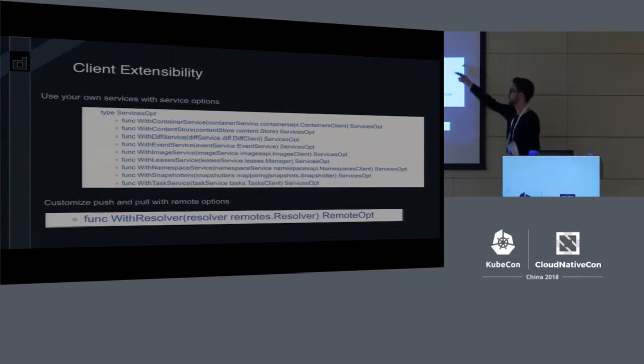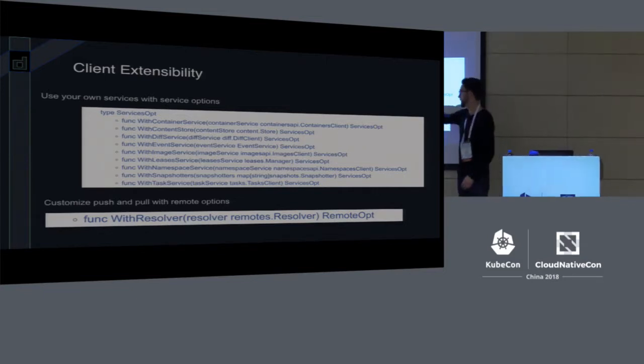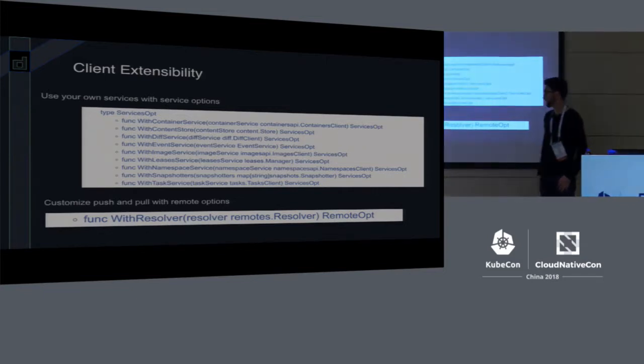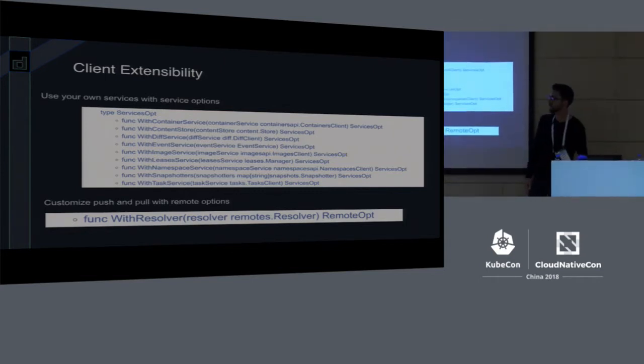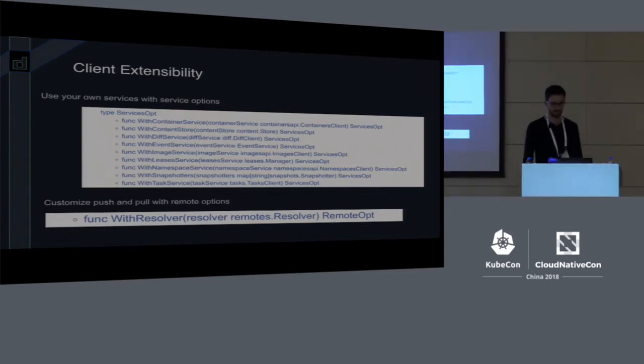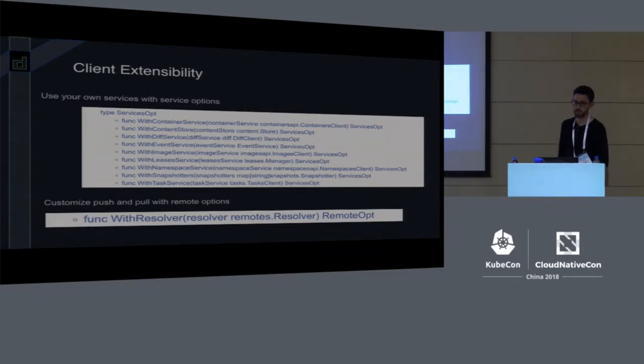The arguments to all of these are mostly just the interfaces that Containerd itself has defined and uses all over the place, such as with snapshotters. This snapshotter interface is that same interface I showed before. You could add your own custom snapshotters directly on the client if you wanted, which would completely bypass going to the daemon.